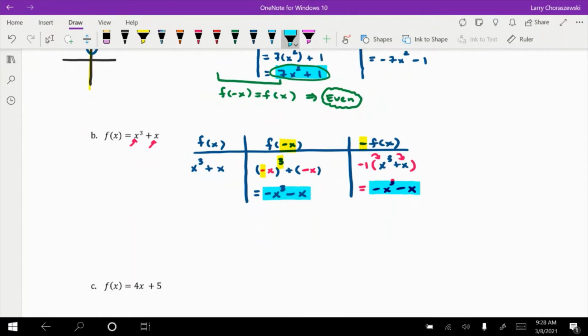Yep. So the results from these two columns match each other. And because of that, it demonstrates that f of negative x is equal to the opposite of f of x. And based on page 1, this would mean that our function is odd.